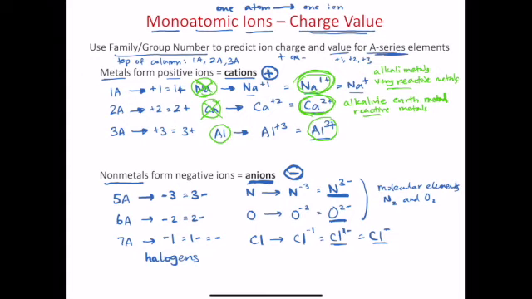And these halogens are very reactive nonmetals. It's also true that halogens like Cl2 are molecular elements. And so when chlorine is found in nature, it's typically found as Cl2. But when broken apart, it can be present in the ion form Cl-.